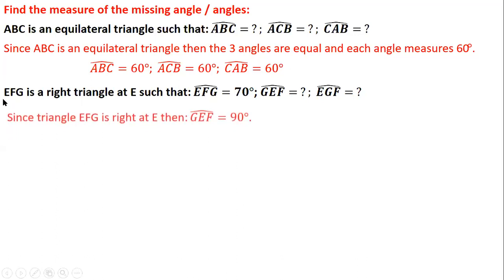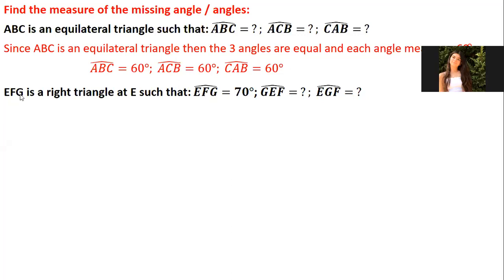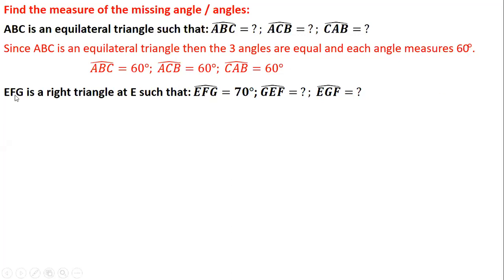Since the special vertex is E, the right angle should be at vertex E. Please, Huda, can you name the angle at vertex E? Yes, GEF. So angle GEF should be equal to how much? 90 degrees. So we write, since triangle EFG is right at E, then angle GEF is equal to 90 degrees.